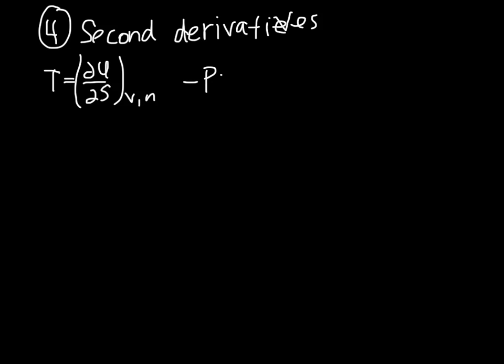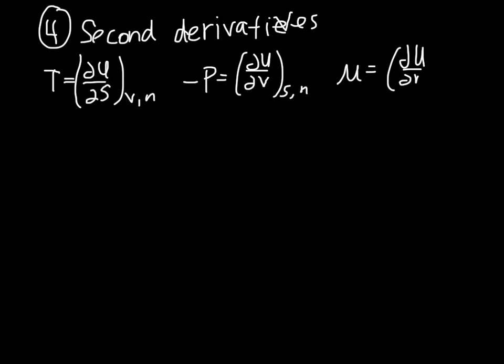We had this for T, we have this for P, and we had this for chemical potential, which was ∂U/∂N at constant S and V. So U, remember, was a function of S and V and N.